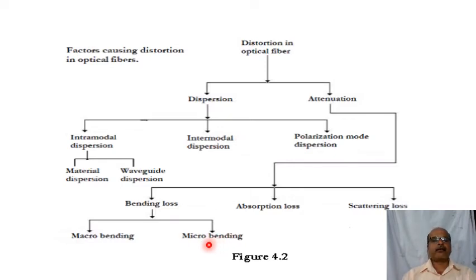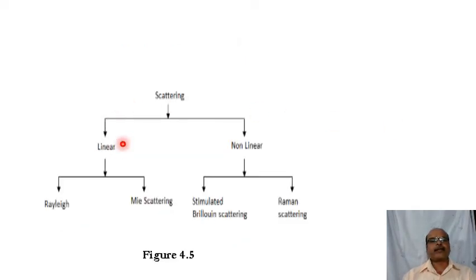Also in manufacturing techniques, if we take care of proper material, then this bending loss is also reduced. Then absorption: intrinsic absorption and extrinsic absorption loss are there. Then scattering loss. Different types of scattering are there. In the next slide we will see the different types of scattering: linear scattering and non-linear scattering.